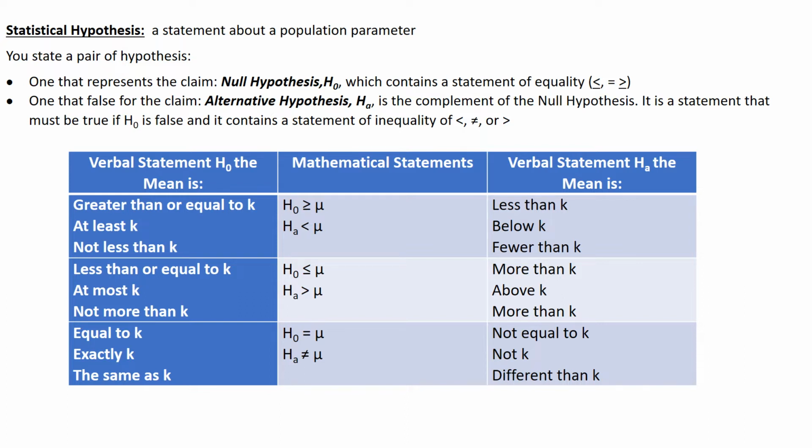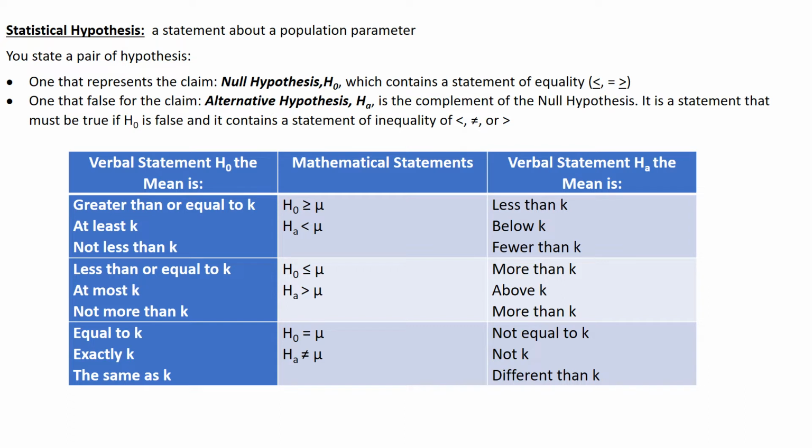The alternate hypothesis is the complement of the null hypothesis. And remember, the null hypothesis, as I said, is the equality statement, greater than or equal to, less than or equal to, or equal to. The alternate hypothesis has the inequality statement and has to go in the opposite direction. If it's greater than or equal to for the null hypothesis, then it's less than for the alternate. If it's less than or equal to for the null hypothesis, it's greater than for the alternate hypothesis.